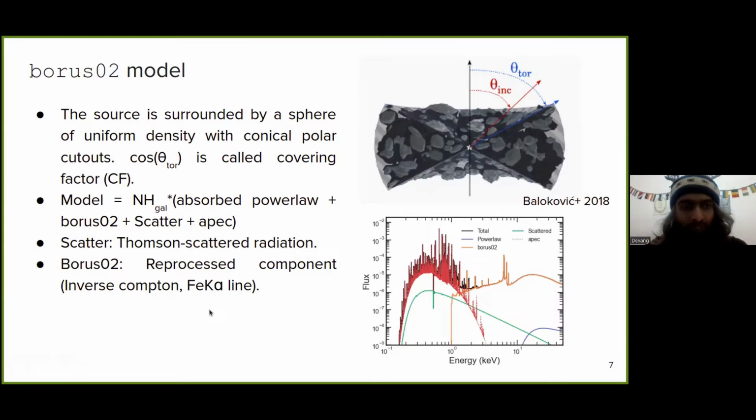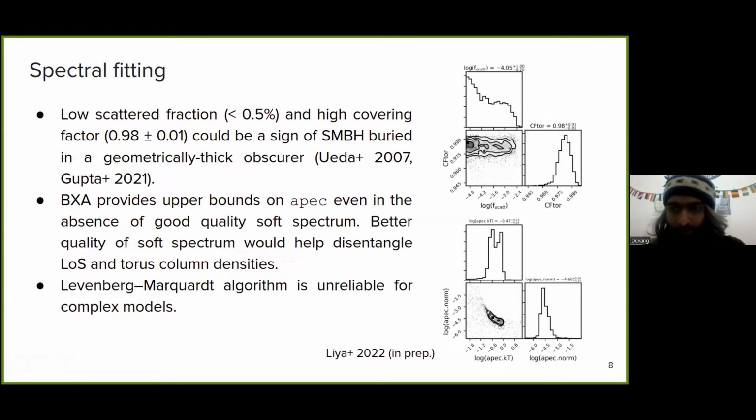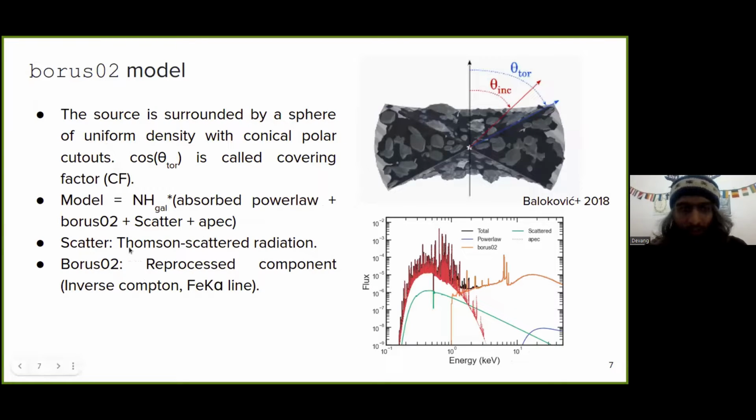With this model, we do a spectral fitting to 4 datasets: one of the NuSTAR datasets, Suzaku and BAT. And these are some of the preliminary results that we get. What we find is that this source has a very low scattered fraction, that is, the Thomson scattered radiation, which escapes, if you remember, from here.